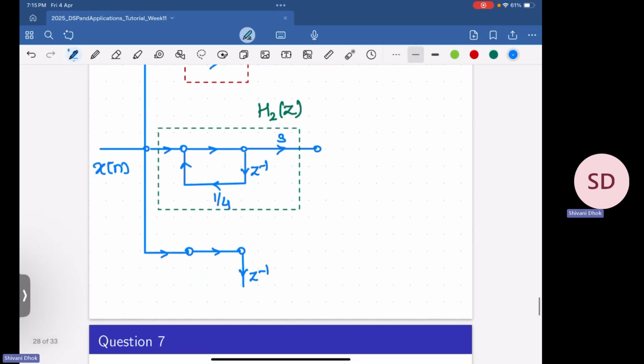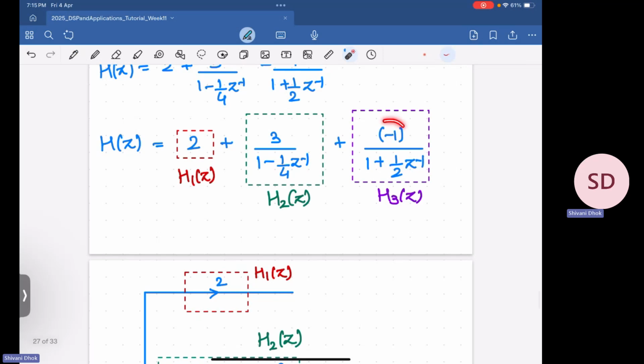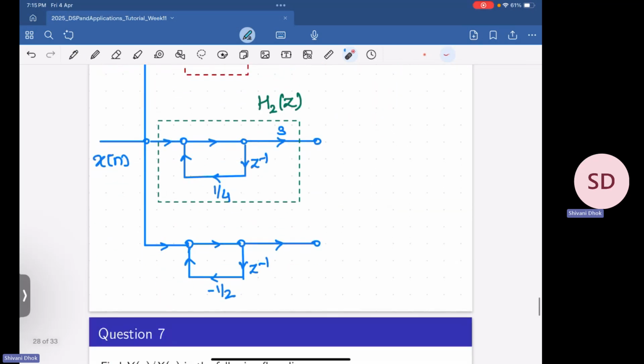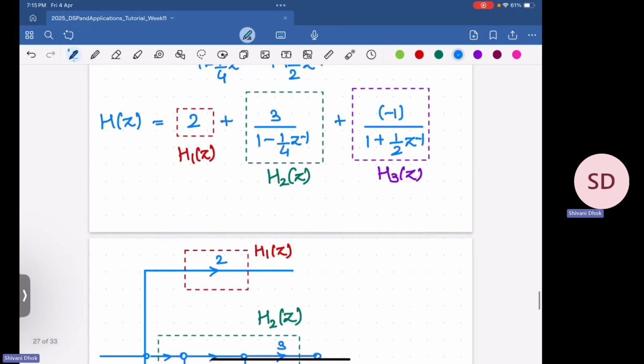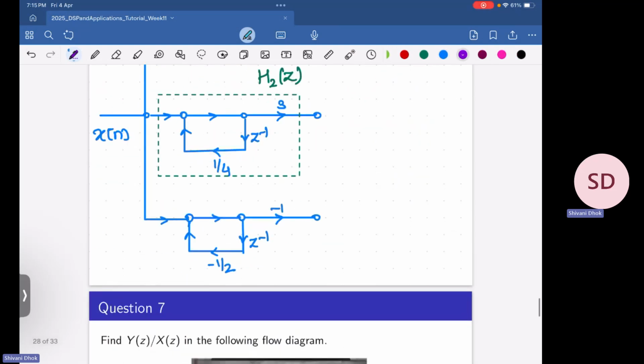So now we'll scale it by the negative of this quantity, minus 1 by 2. And then this gets scaled by a factor of minus 1. And whatever we have just realized is simply h3 of z.